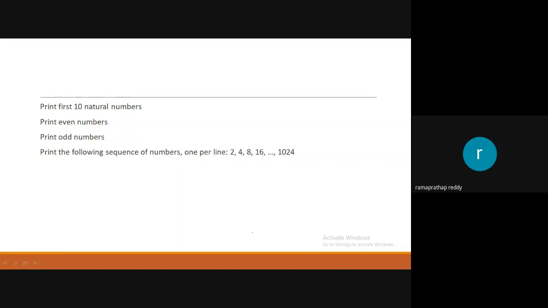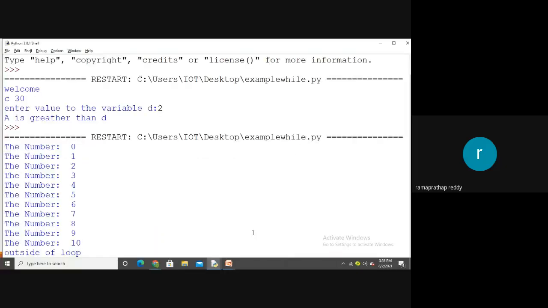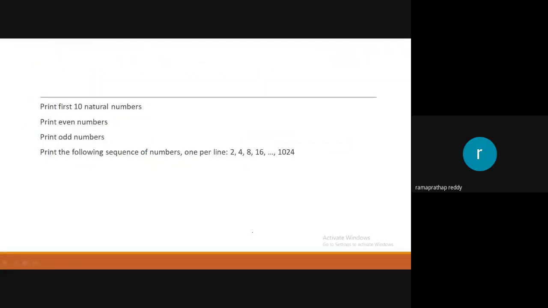These are all real-time examples, and in a few interviews or technical rounds, they may ask questions to write a program to print the first 10 natural numbers. So this is the program that will print the first 10 natural numbers, and the second one is to print even numbers.